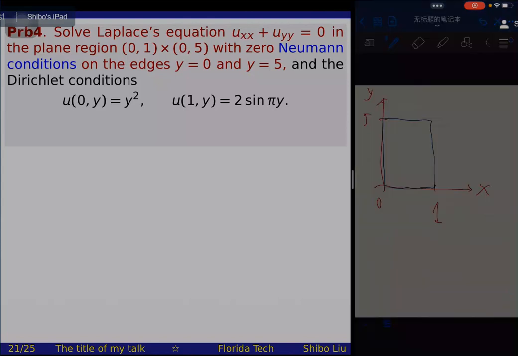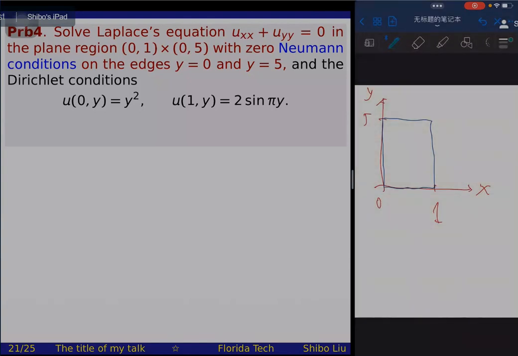So what happened to my u? u is imposed with the zero Neumann condition. That means the Neumann condition is the partial derivative of u in the direction n, where n is the unit normal to the boundary. The domain is supposed to be denoted by D. On the bottom and the top, the normal is parallel to the y-axis.